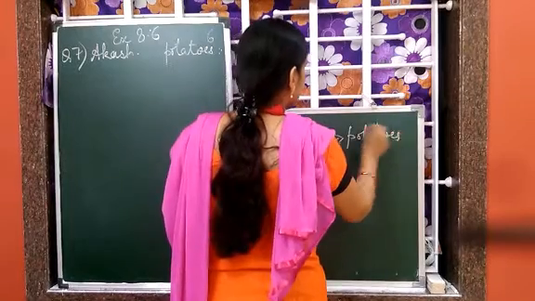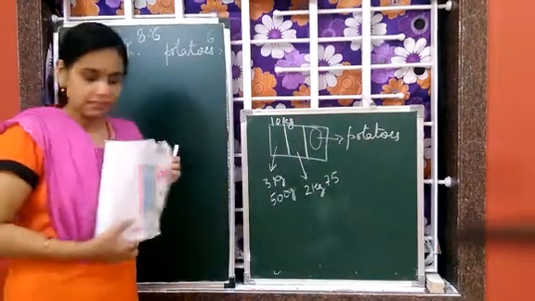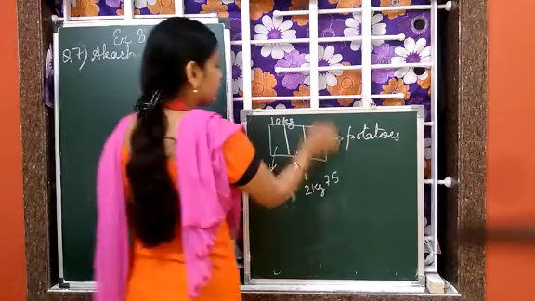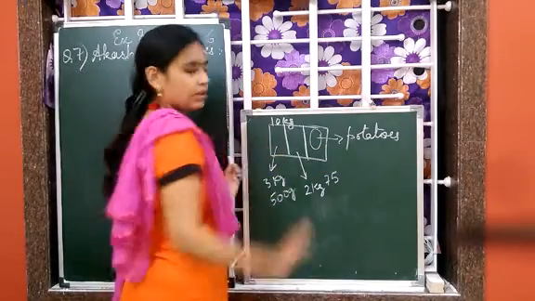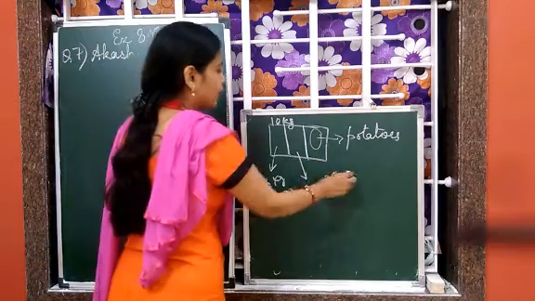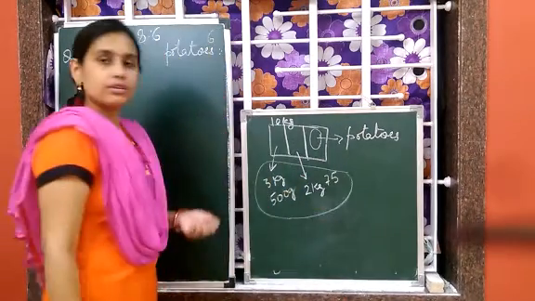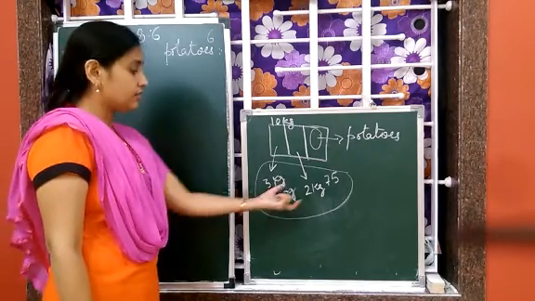So we have to find the weight of potato. Okay, so very simple. From the total weight, if we remove onion and tomato, we'll come to know the weight of potato. Correct? Yes. So for that, first we have to find out the total of onion and tomatoes.